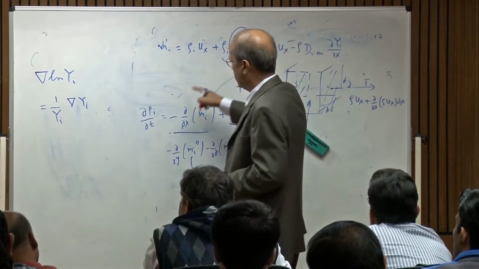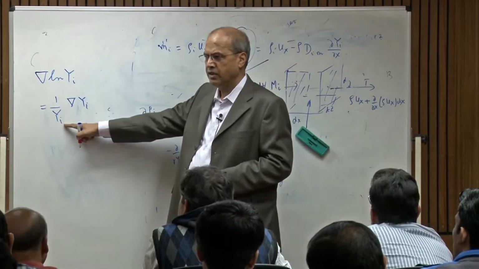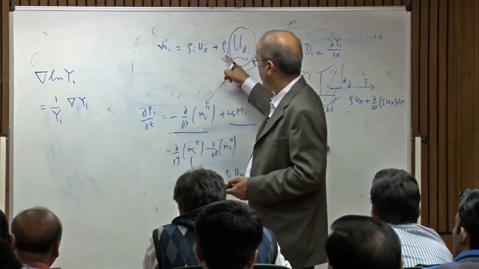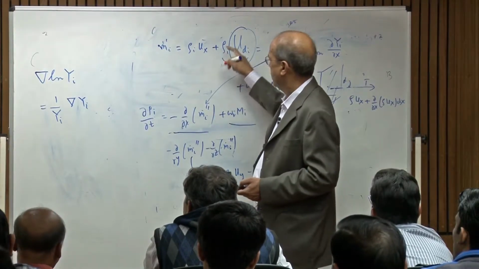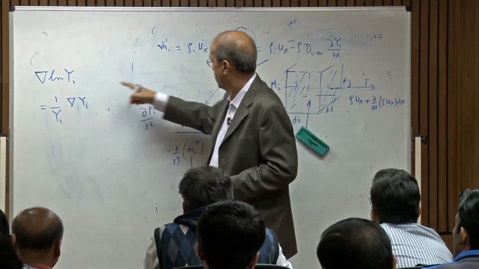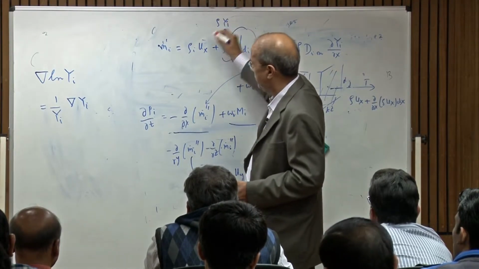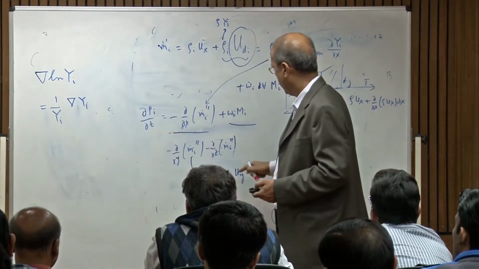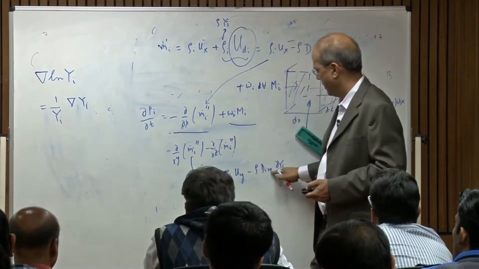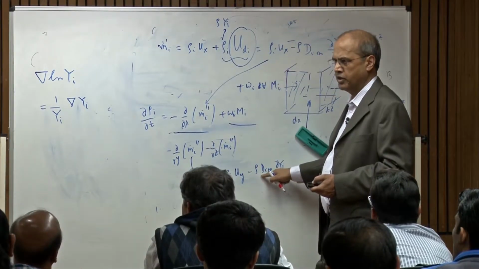And what happens to this Y_i? Because here this is rho_i, and rho_i is rho times Y_i, this Y_i will cancel with this Y_i. That's why here you don't have Y_i. It's not rho_i, it becomes rho.